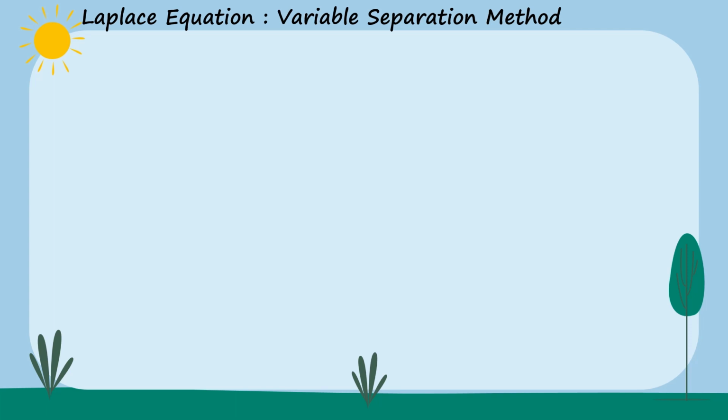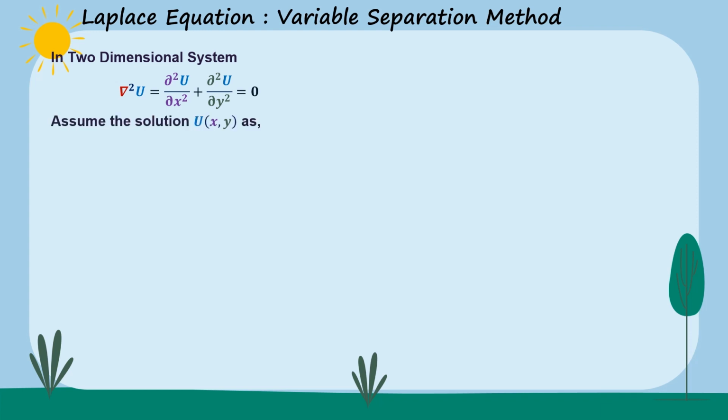Let's concentrate on that. So here, first we consider a two-dimensional Laplace equation, and our solution is u(x,y). Now see that u, the solution, is a function of x and y. So separation of variables means that we forcefully assume that the solution is of the form of a function of x and a function of y separately: X(x) into Y(y).